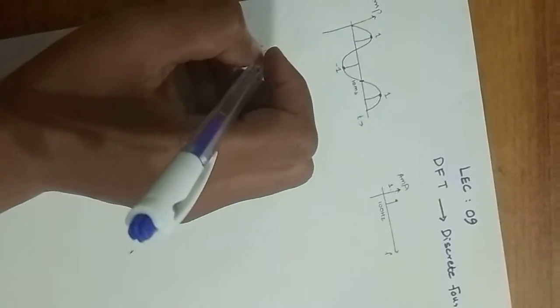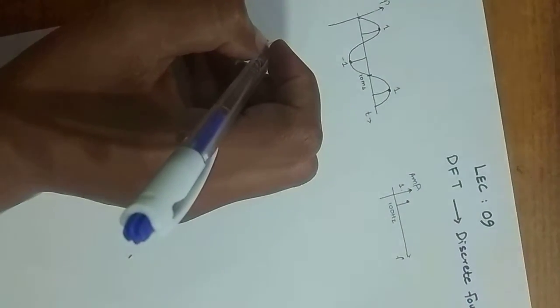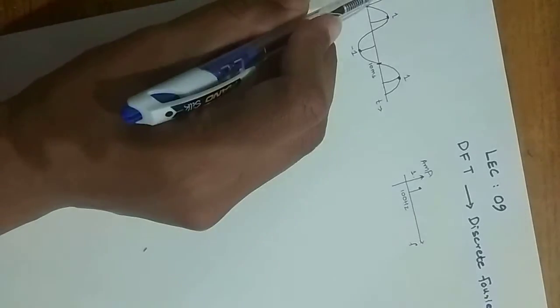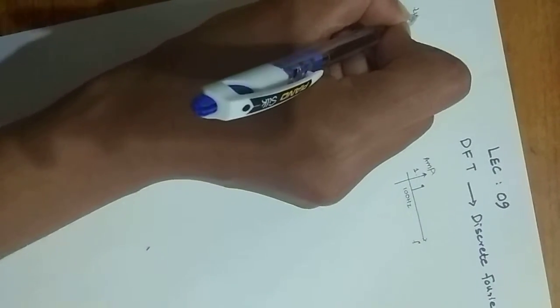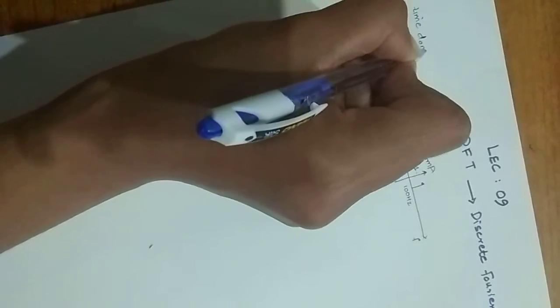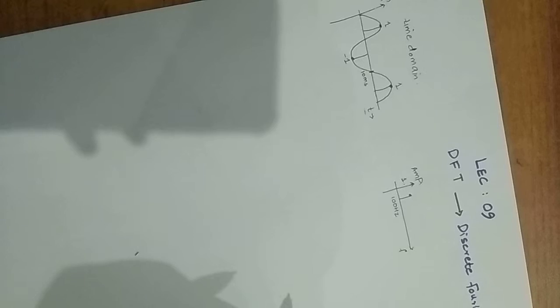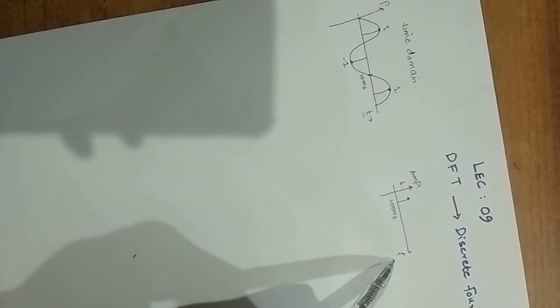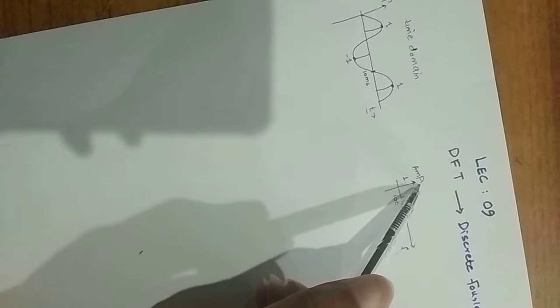Now in the time domain, the representation of digital signals describes the signal amplitude versus time. Whereas in the frequency domain, we discuss amplitude versus frequency. We discuss the relationship between amplitude and frequency.